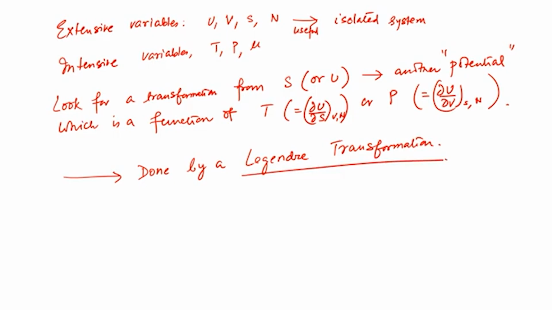So, let me quickly tell you what the Legendre transformation is, so that it is easier to understand. The idea is simple. We go from one variable to another variable, that is all. Let me write down some f, which is f of x.